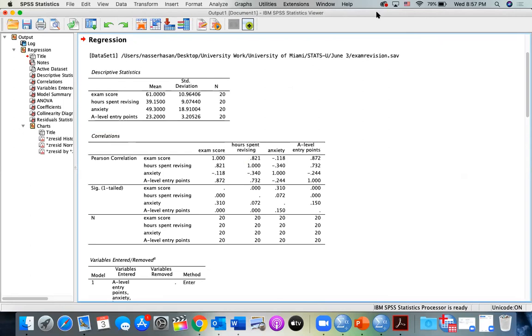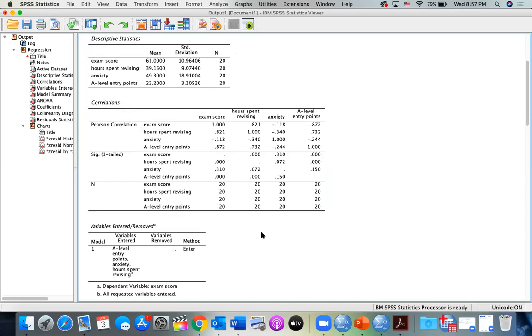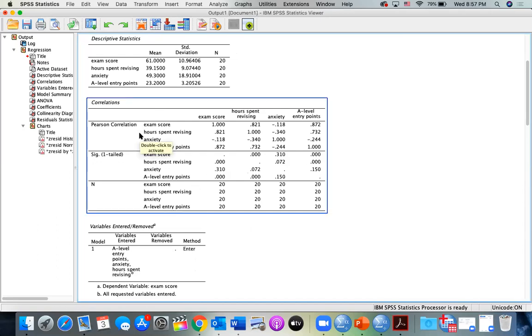Great. Okay, so the first table in the output is some descriptive statistics. So it just gives you the mean for the participants, for the exam score, standard deviation, and the sample size, and so on for other variables as well. The second output is the correlation table. So the correlation table is just the normal Pearson correlation table.